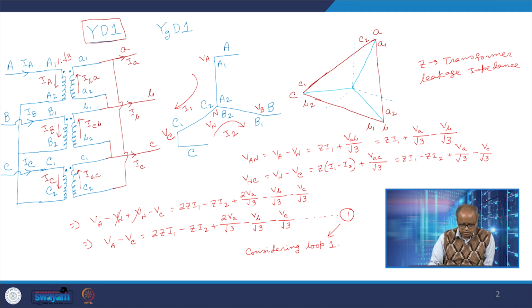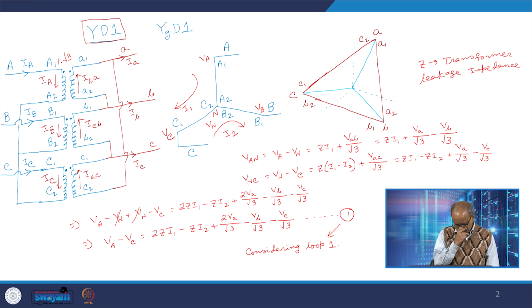Now we can see that we have two unknown loop currents I1 and I2, and we have got two algebraic equations involving I1 and I2, equation 1 and 2, and basically these two algebraic equations are nothing but linear equations. So therefore we can simply solve them analytically. Let us try to solve them.